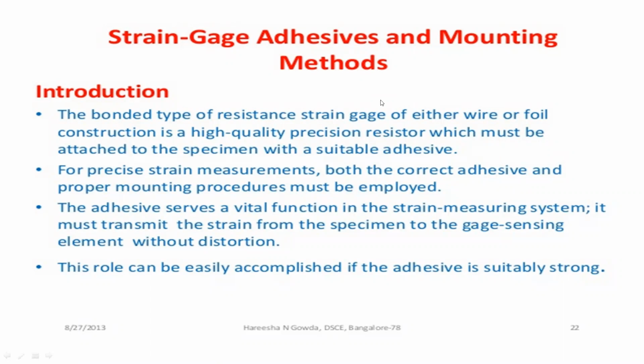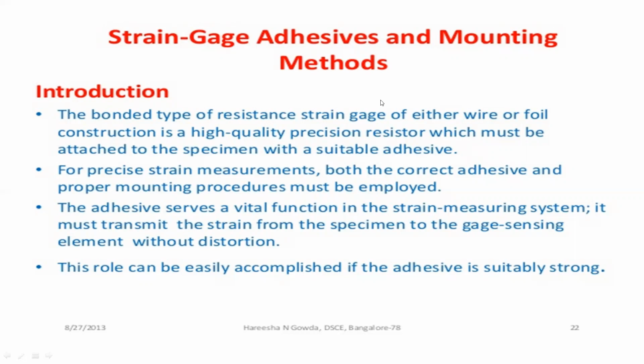The foil construction is a high quality precision resistor which must be attached to the specimen with a suitable adhesive. So suitable adhesive materials are used to manufacture these types of strain gauges, and for precise strain measurements, both the correct adhesive and proper mounting procedures must be employed.